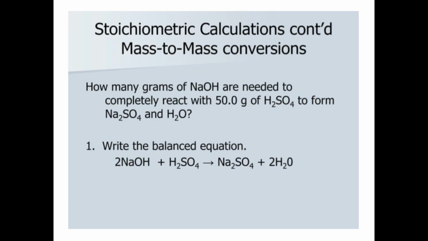Now the mass of the known that you are given is the mass of sulfuric acid, and you are looking for the mass of sodium hydroxide. So the first thing is to convert the mass of sulfuric acid to mole by dividing by molar mass.